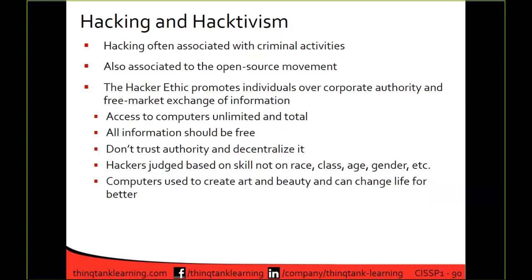It's any kind of subversive use of a computer or a computer network, and usually it's done to promote some sort of political agenda or social change in the world.